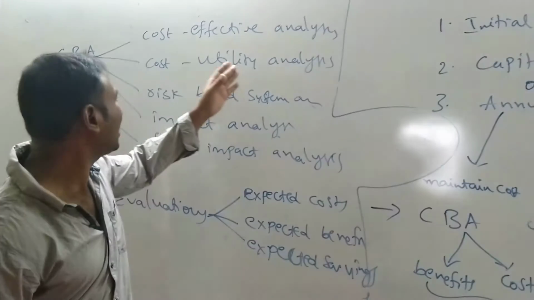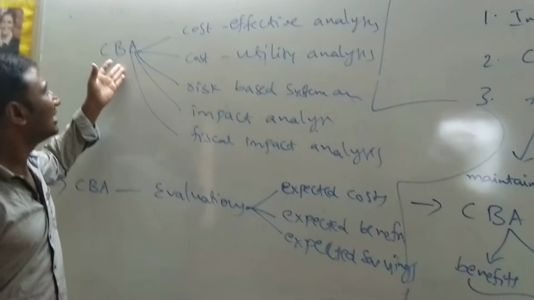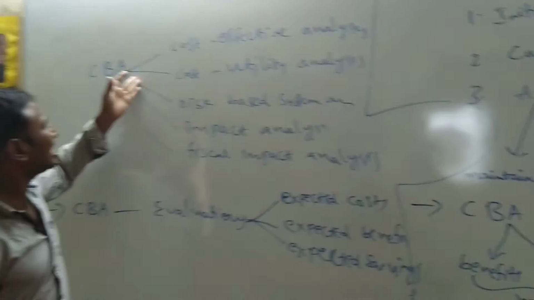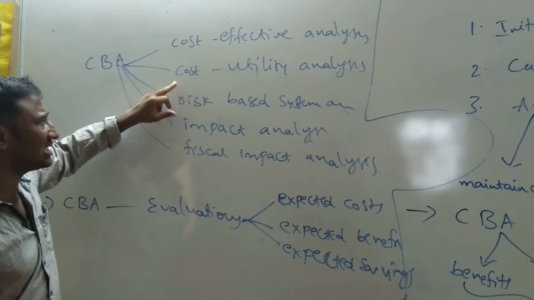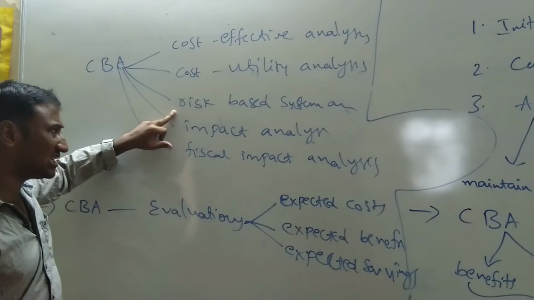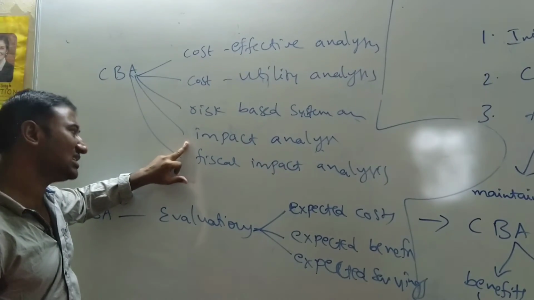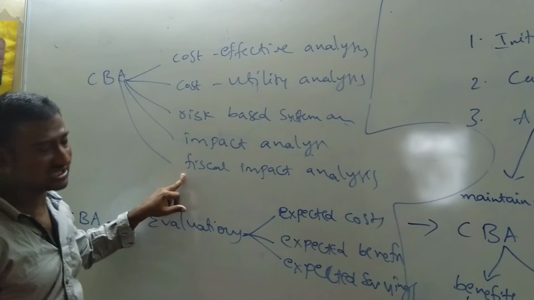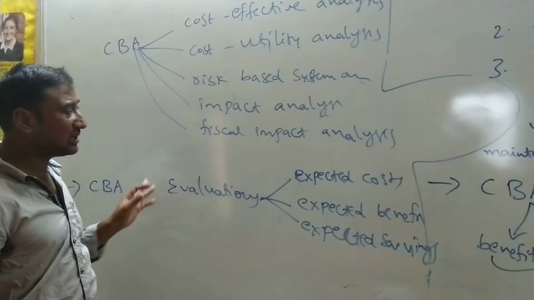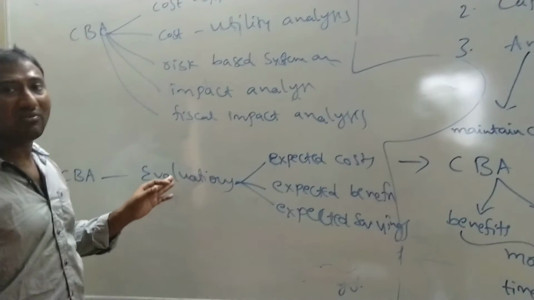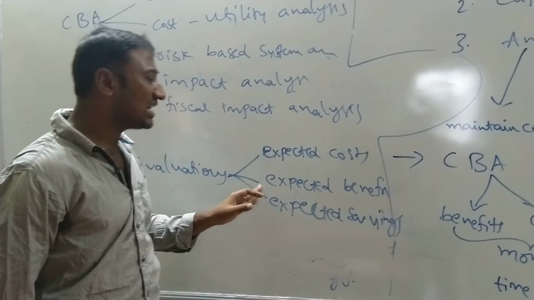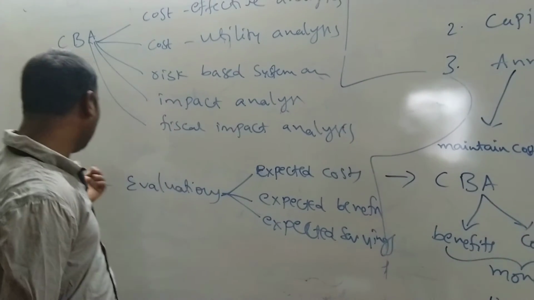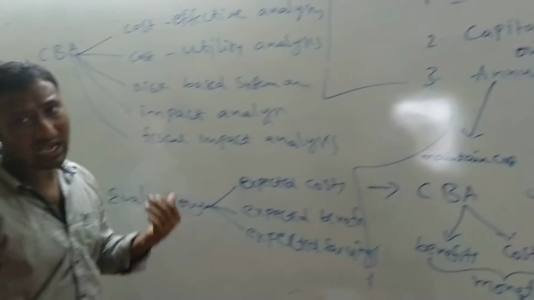This cost benefit analysis is slightly different from cost effectiveness analysis, cost utility analysis, risk based system analysis, impact analysis, and physical impact analysis. These are cost based analyses that evaluate expected costs, expected benefits and expected savings, which is done within cost benefit analysis.